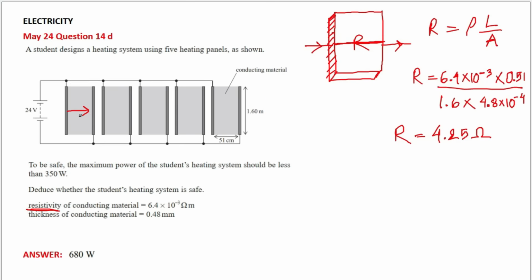Luckily, these are all identical, and always remember the total resistance of identical resistors in parallel is given by an individual resistance, 4.25, divided by the number of resistors, 1, 2, 3, 4, 5. So 4.25 divided by 5 gives you 0.85.